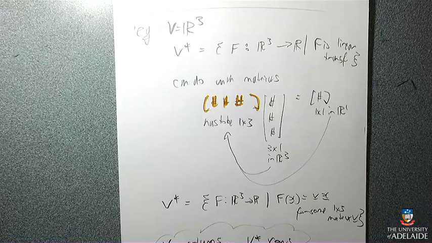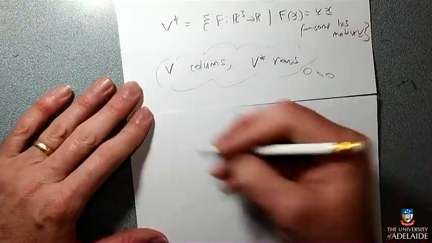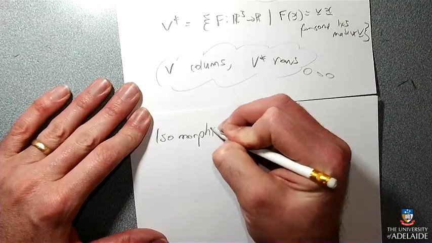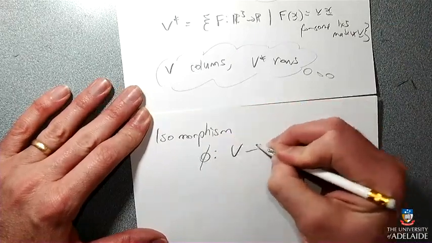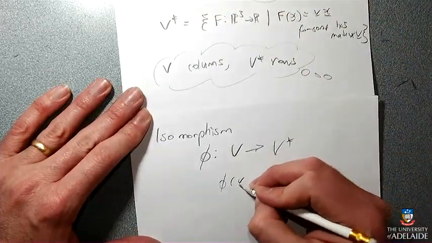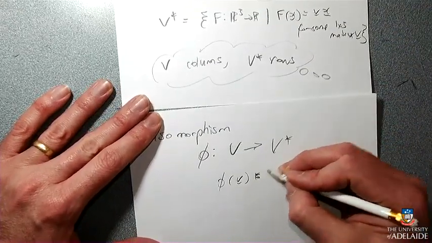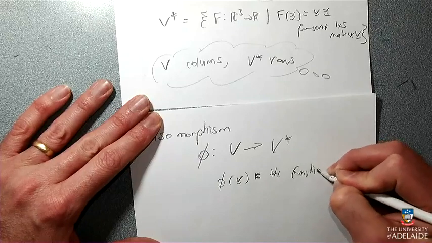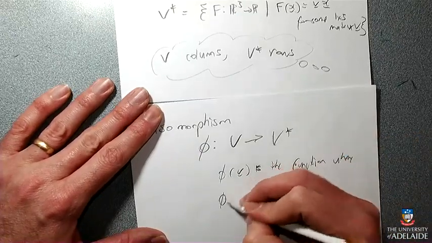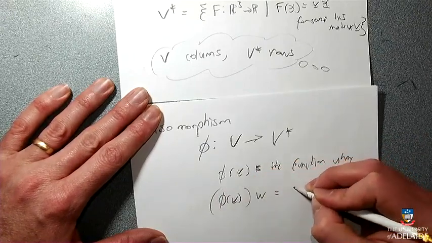There'd be a standard, most fundamentally easy to describe isomorphism between V and V star, where you could have an isomorphism which sends V to V star for this specific example, where phi of the vector V is the function where phi of V, which is a function acted upon W, is V transpose W.